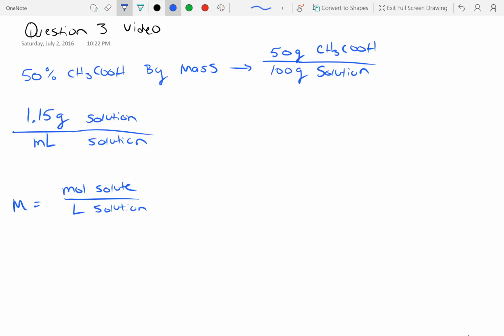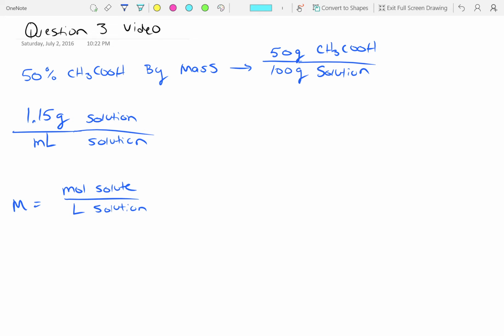You always have to memorize not only the units like grams, milliliters, moles, and liters, but also that density is solution on both top and bottom, and molarity is solute on the top and solution on the bottom.